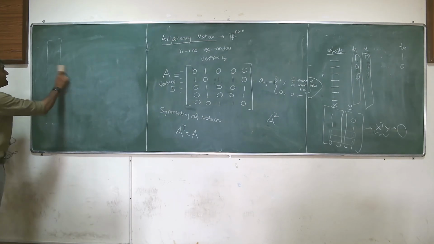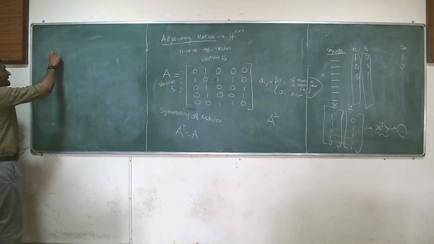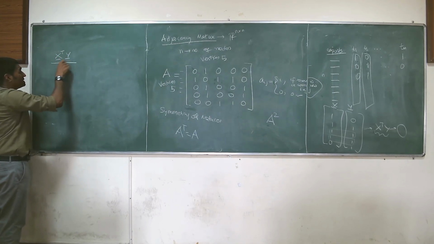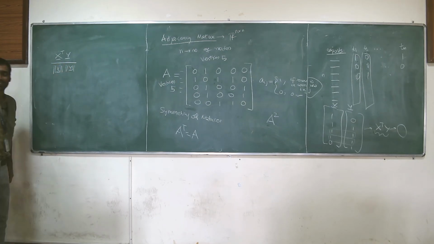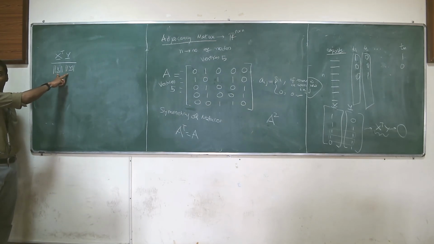So we would have to normalize it. And one way to do that is you simply take X transpose Y, and you simply divide it by the size of X and Y, provided the two of them are not 0. If any one of them is 0, then of course you cannot do this.